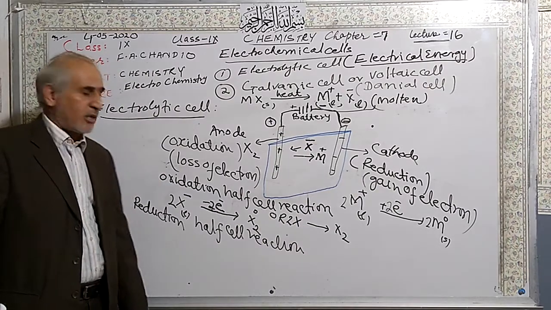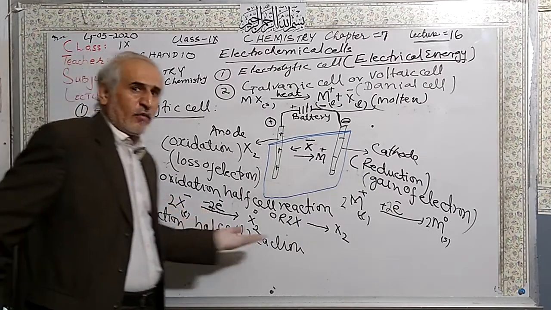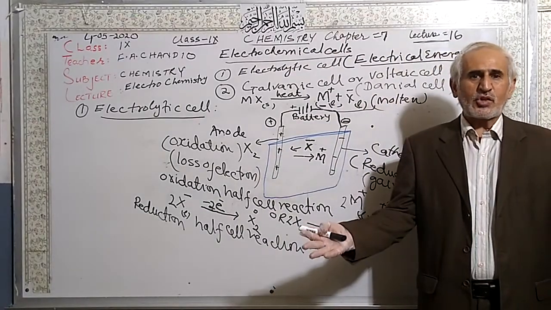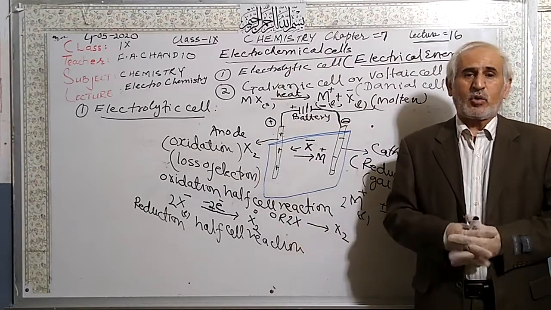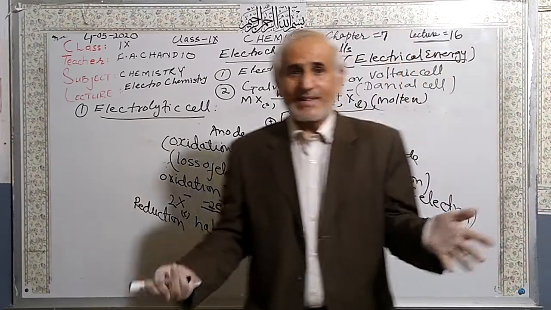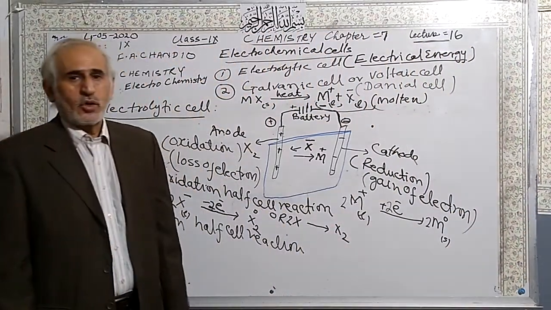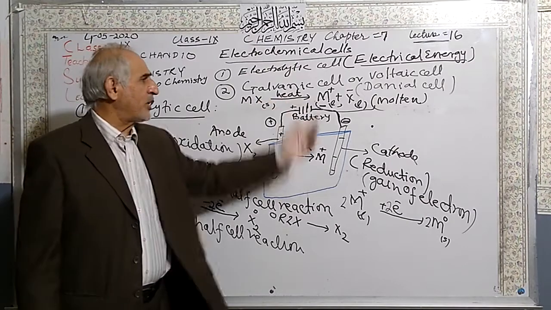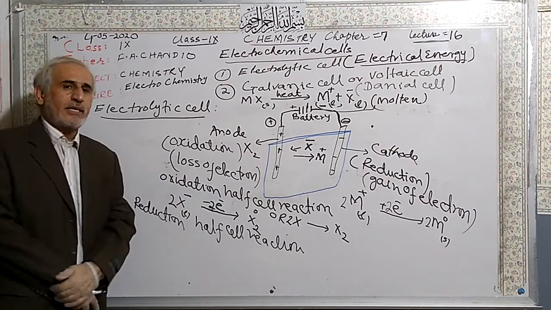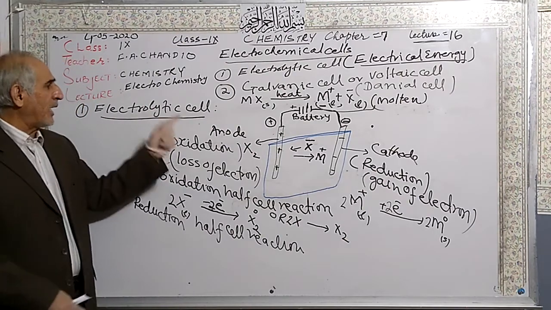It's your choice, but the number of electrons should be equal in both cases, because oxidation electrons and reduction electrons must be the same. After adding the two half-cells, the electrons should be cancelled. No electrons are mentioned here. So this is the general example for the electrolytic cell.